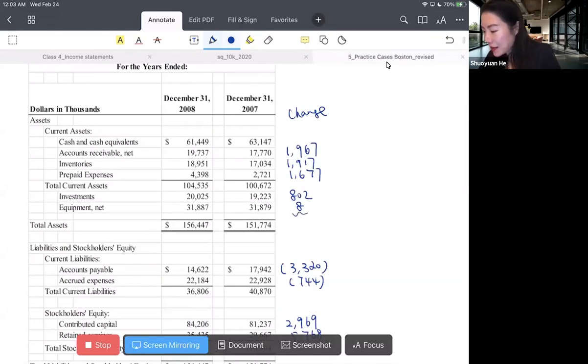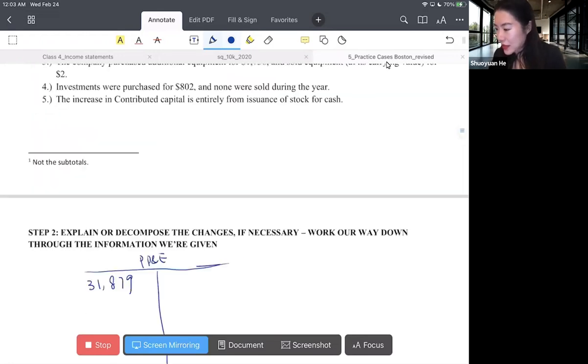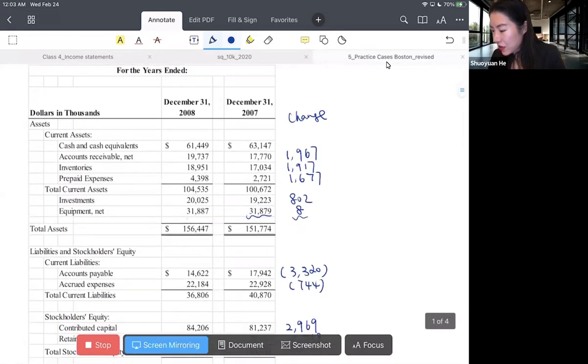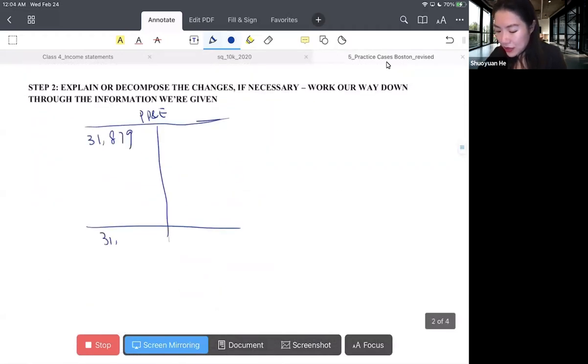The beginning balance is 31,879. And then the ending balance is 31,887. And why does the PP&E change by 8 during the year?